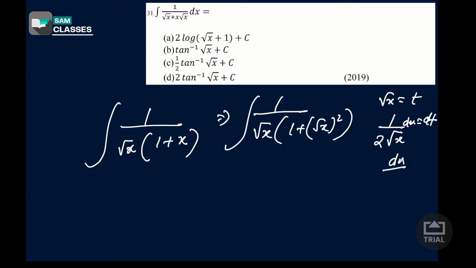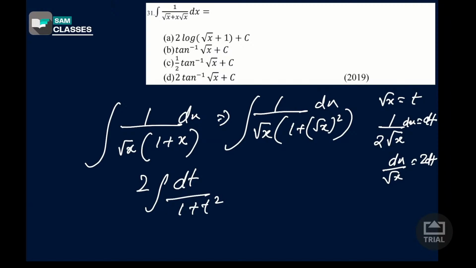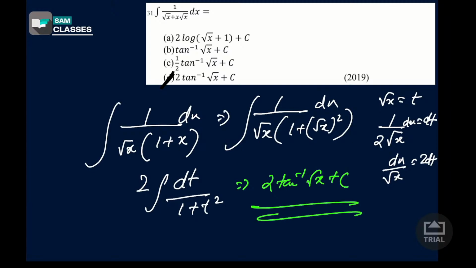So dx by root x is equal to 2 dt. So integration of 2 dt by 1 plus t square, directly the standard form. So the answer is 2 tan inverse root x plus c. Clear, everyone?